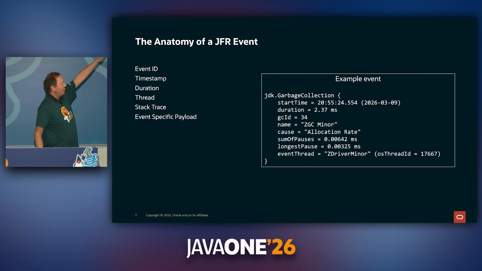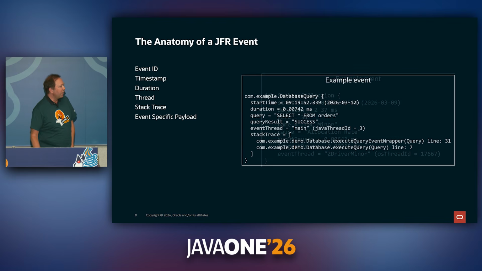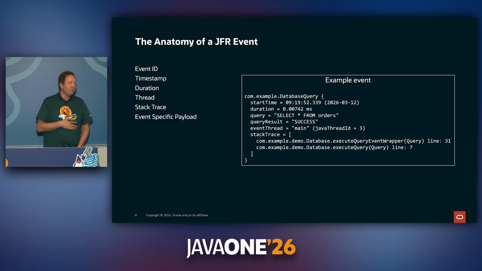These are conceptual fields in an event that are common for all of them, but then depending on the event, you can have specific information on top of that. So we see an example on the right there, a garbage collection event. It, for example, has a sum of pauses field, right? So that's specific to that event. And it has a longest pause as well. So that's just an example of what an event can look like. We'll look more at events later as well.